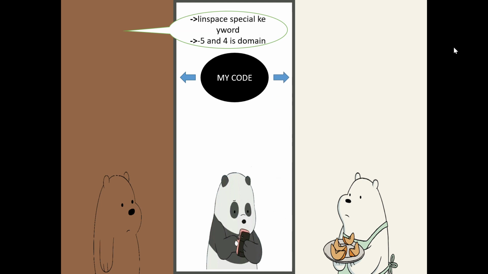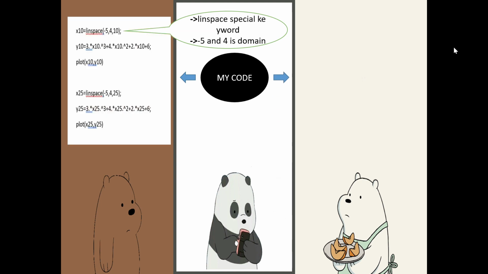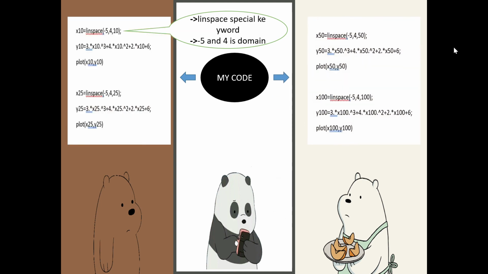So, for question A, this is my code. For an example of the code run, I will show it to you at the end of my video. Now, I will explain to you about the code.